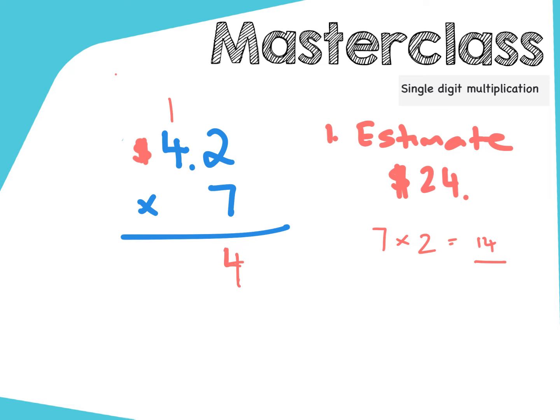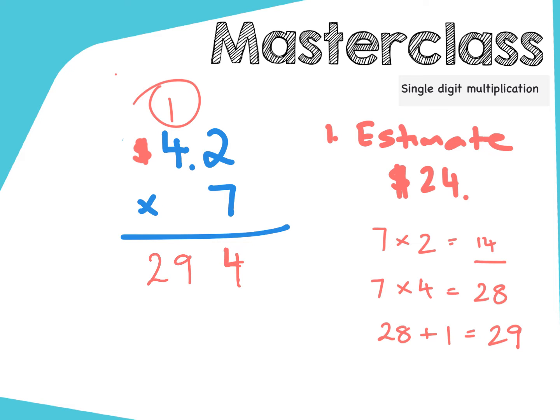My next sum is going to be 7 times 4. 7 fours are 28. Now I can't forget that 1, so I'm going to go 28 plus 1 equals 29. Then I put that down here. Looking at your answer, straight away I'm going, well, is it $294?